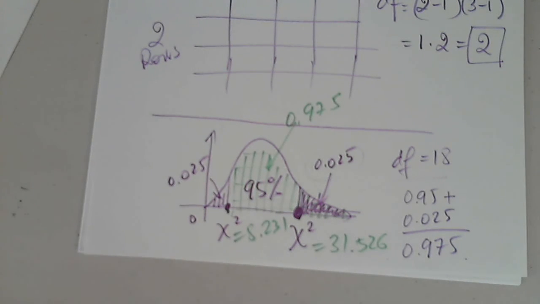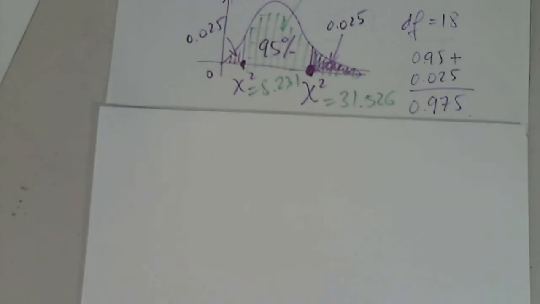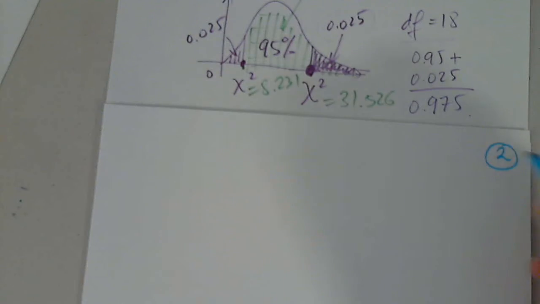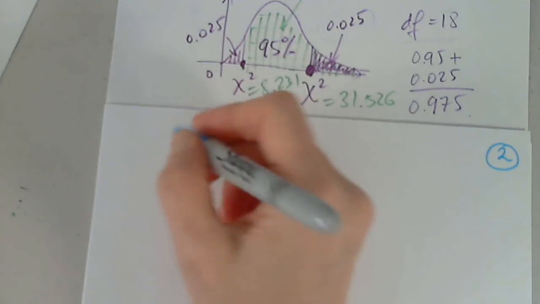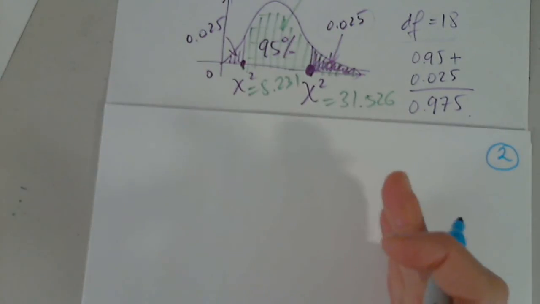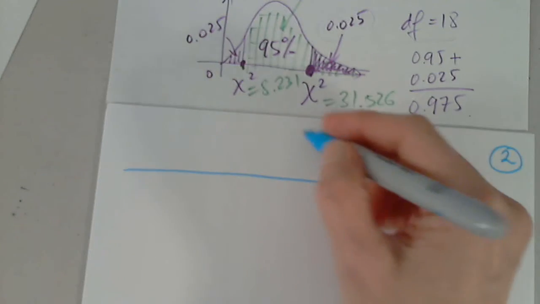Okay, so now let's perform these two tests. The test for independence and the test for homogeneity are the same in many respects, differing in how the table is used, so I'm going to put them side by side so you see the difference between those two.